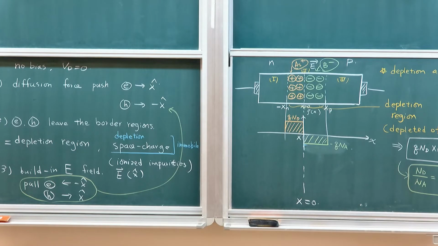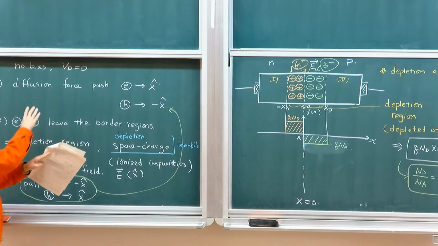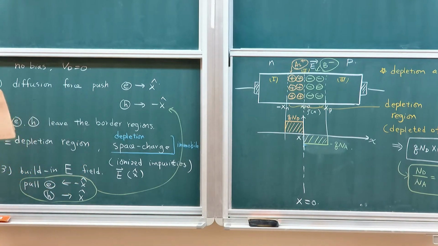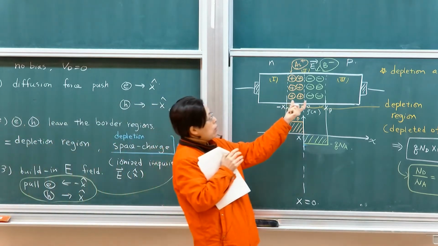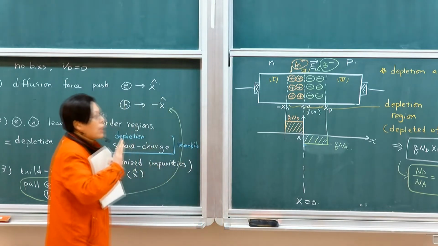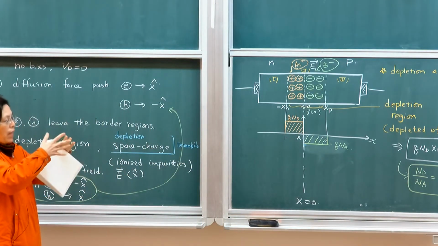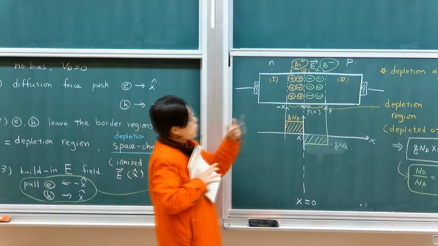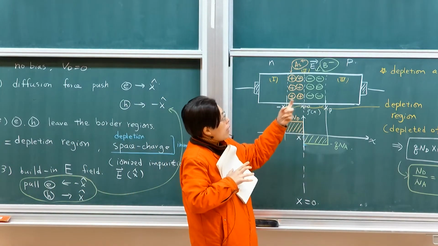So let me summarize. If you have a p-n junction, first of all you experience a diffusion force because of the great imbalance in concentration. Therefore, electrons try to move to the p side, and holes try to move to the n side. But once they start moving, at this border you create what we call a depletion region, because once these electrons leave the n side, they leave positive ionized impurities.